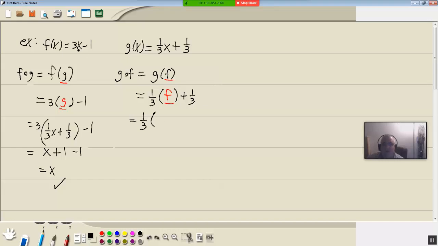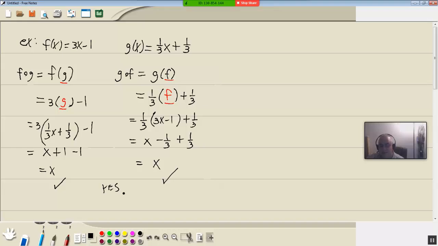But f is equal to 3x minus 1. Now if I multiply this through, 1/3 times 3x gives us 3 over 3x, or just 1x, or x. 1/3 times negative 1 is negative 1/3, plus 1/3. Negative 1/3 plus 1/3 cancels, gives us x, so that checks.